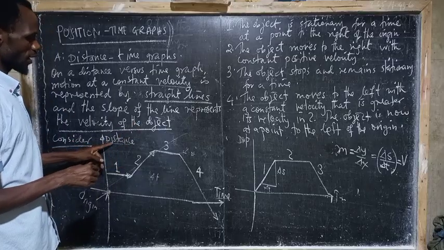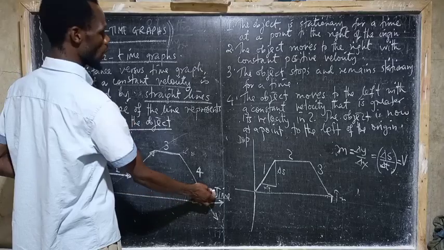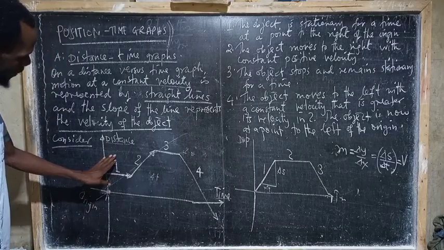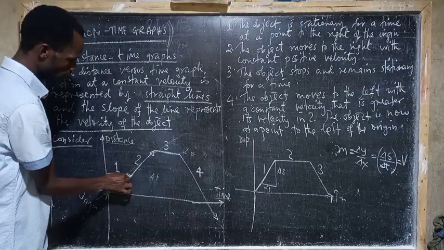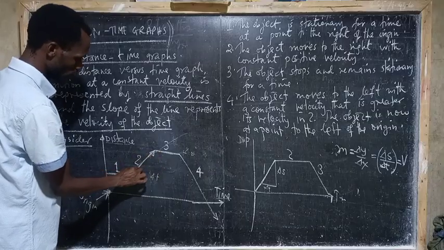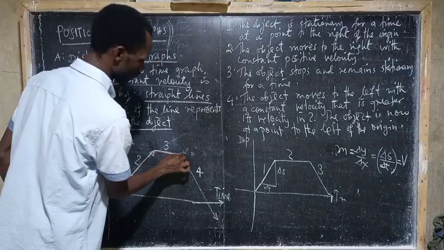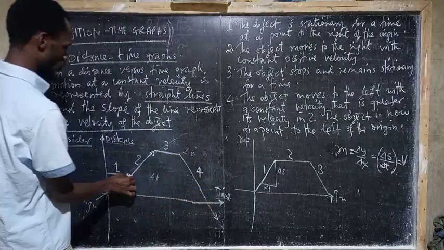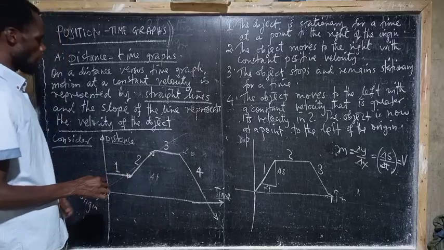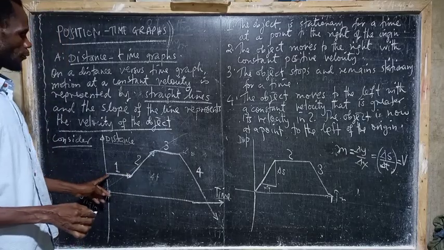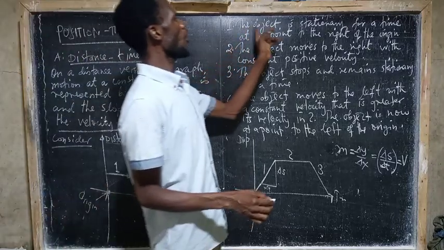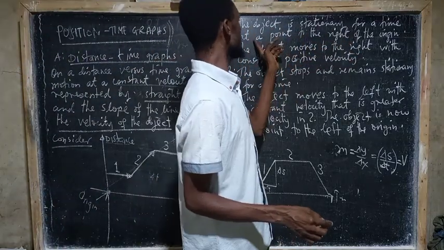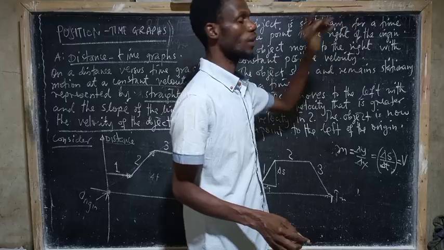Consider a distance time graph like this one. Sasa ukiangalia by reference of this one, utaona kwamba there is 1, there is 2, there is 3, there is 4. So 1 represents the object was stationary for a while. That is to say, the object is stationary for a time at a point to the right of the origin.